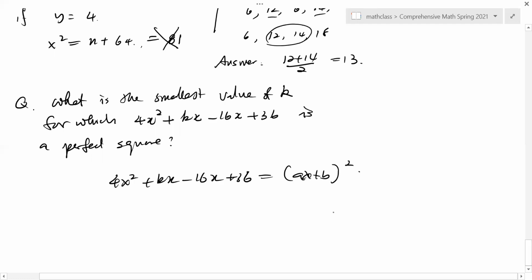a, b may not necessarily be integers, okay? But this must be a linear term. So think about it, okay? How do you solve this problem?